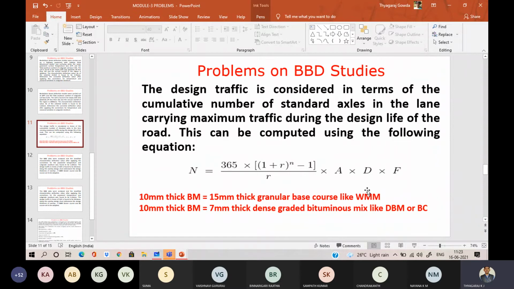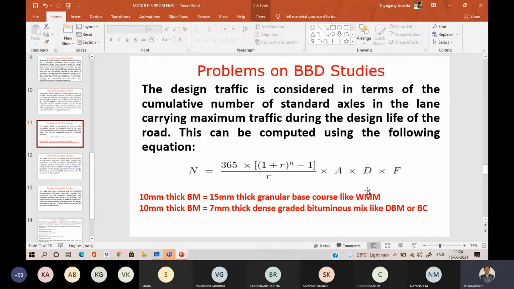Note down the things whatever I highlighted in red color, which will be helpful for designing purpose. So kindly tell me when it is completed.